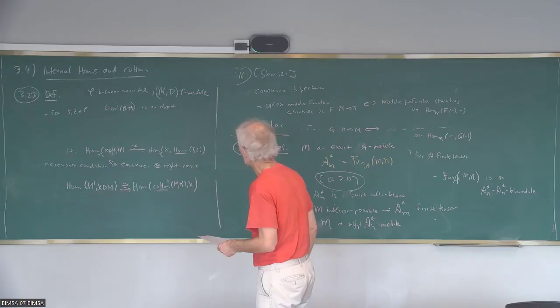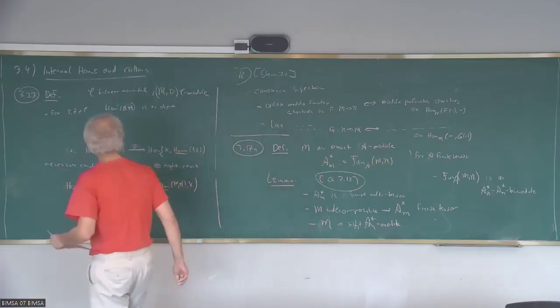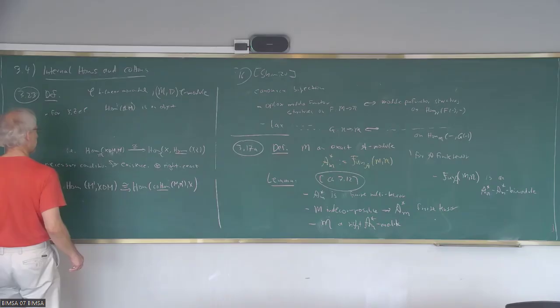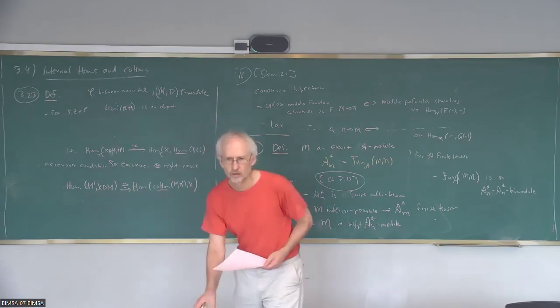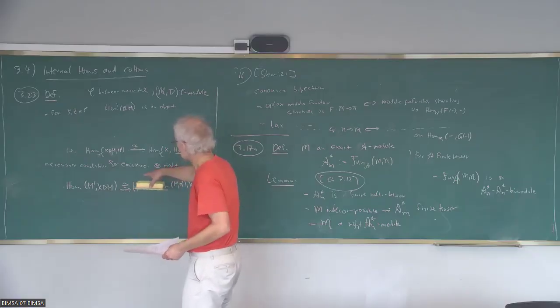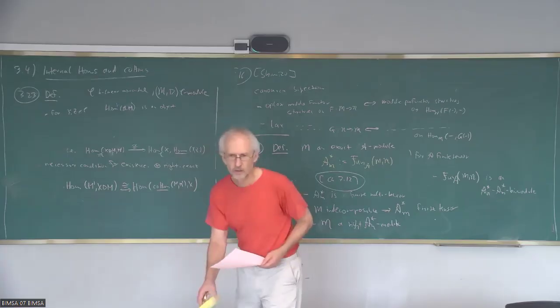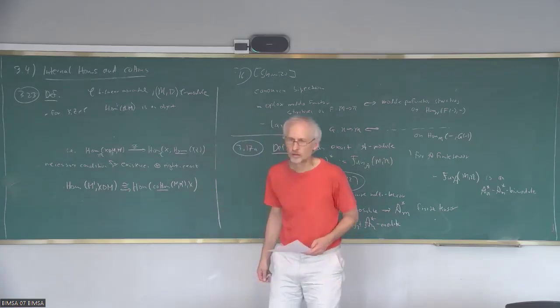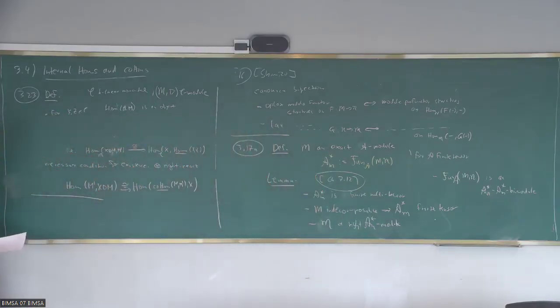What I said about there being only one internal Hom was nonsense, because you can still, let me see, no, I think it's good. Now, you can ask, is the internal cohom indeed necessary to talk about? If you look in the literature, you will not see it as often as the internal Hom.